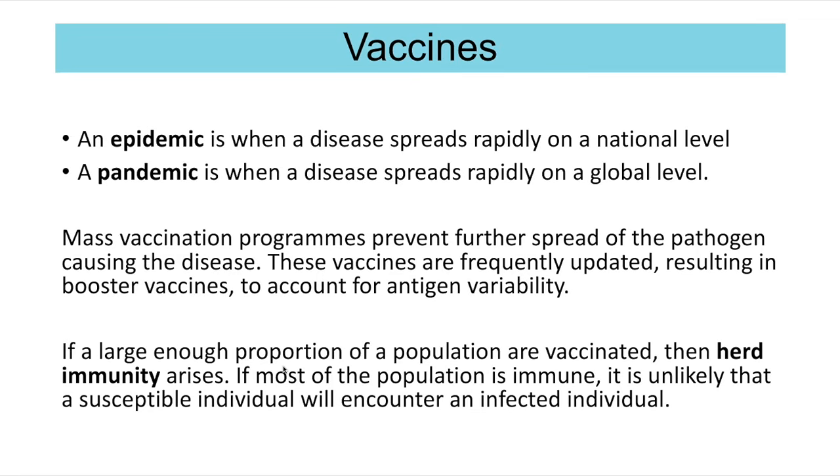So if enough of the population are vaccinated and immune, then that means transmission should be so low that people that are too vulnerable to have the vaccine are protected. And you might be vulnerable because you're pregnant, you're elderly, you're very, very young, or you have a weakened immune system. So herd immunity is really important to protect the individuals who are too vulnerable to have the vaccine themselves.